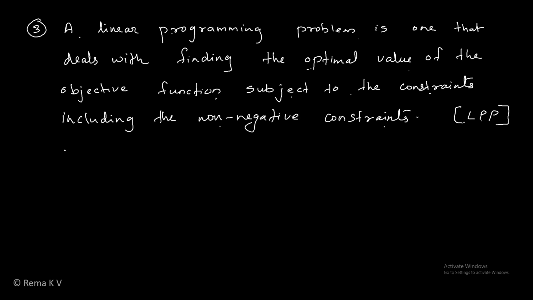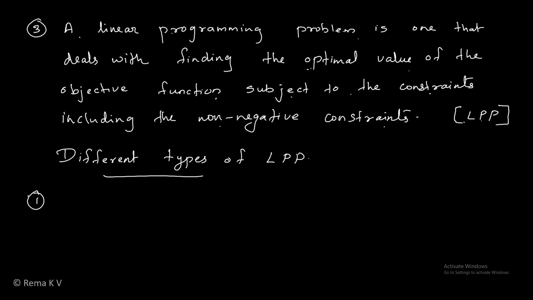And here in this chapter, there are three different types of linear programming problems. First one is diet problem. Second one is manufacturing problems.